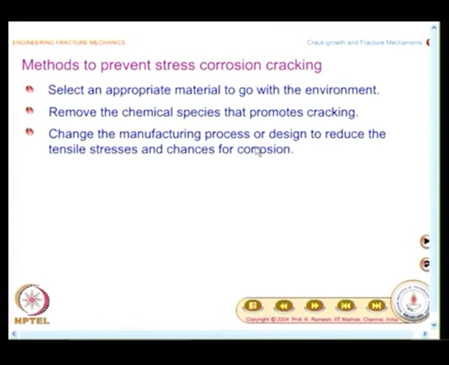So, you address both. In the first two, you have looked at appropriate material, the second one is the chemical species that promotes cracking, and the third one you look at minimizing or eliminating the existence of tensile stresses in your design structure.